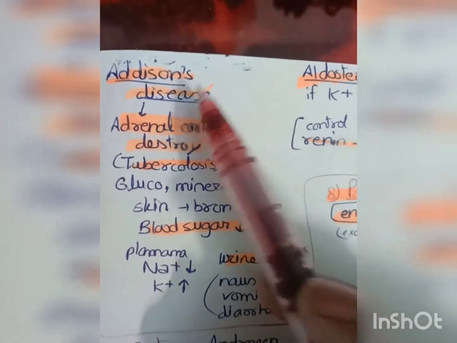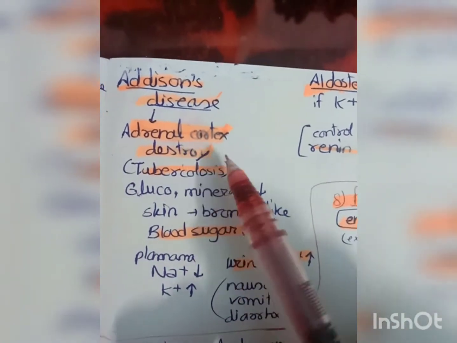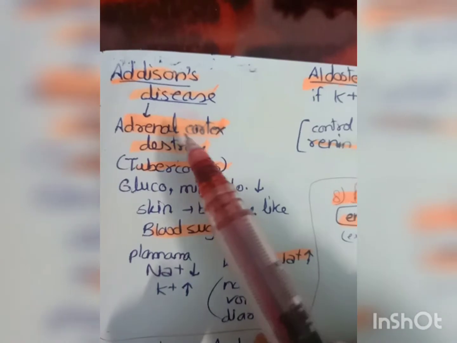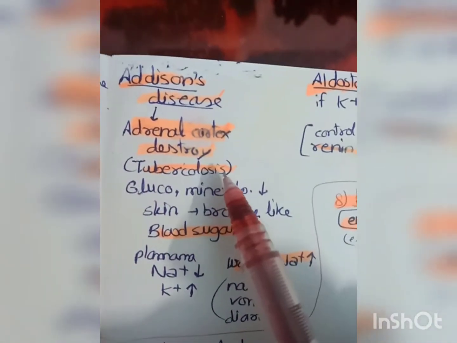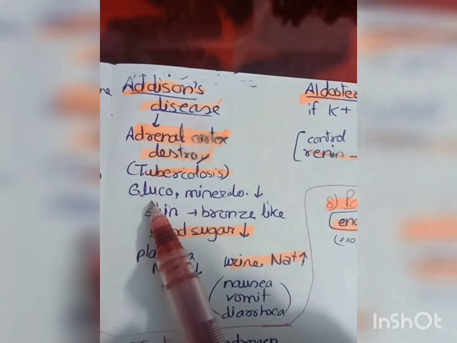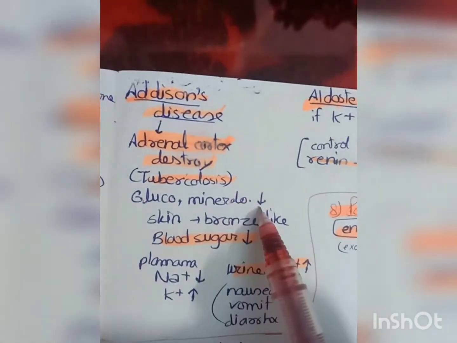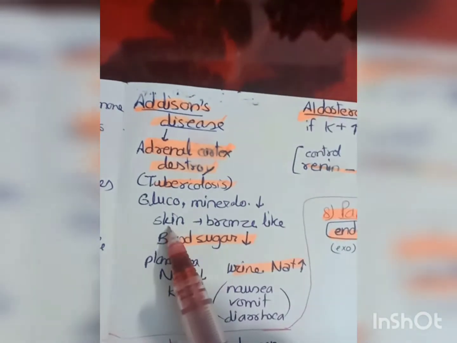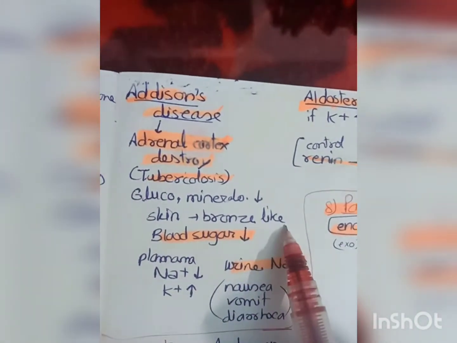Now, some diseases which are related to our adrenal gland. The first is Addison's disease. This is the disease which is caused when the adrenal cortex is destroyed, and it leads to tuberculosis. In this case, the glucocorticoids and mineralocorticoids decrease and the skin becomes bronze-like.